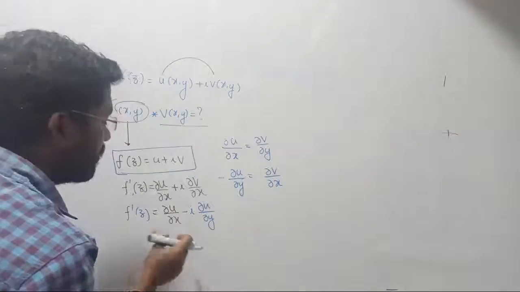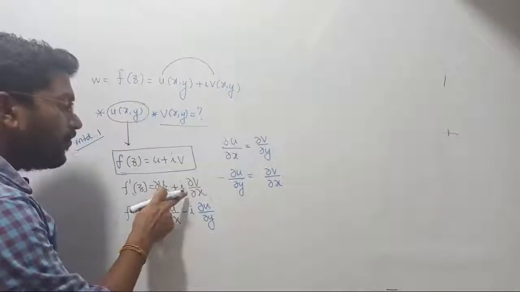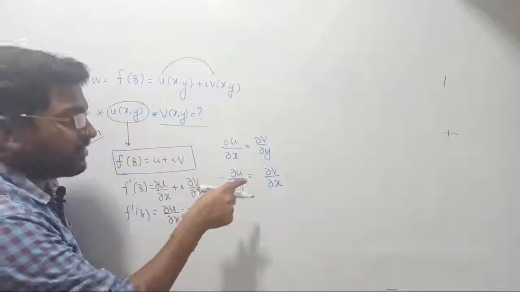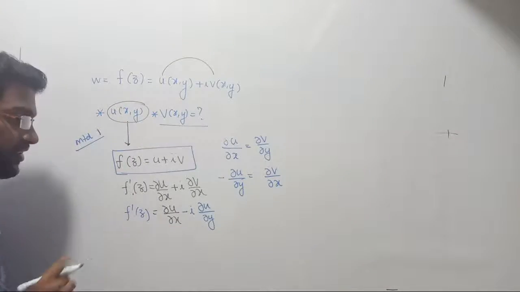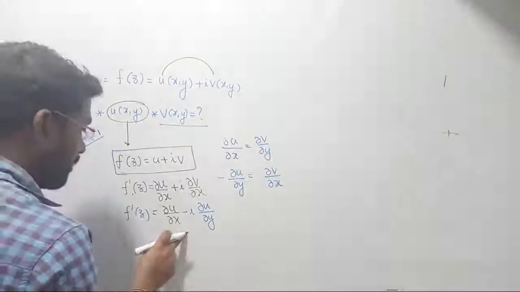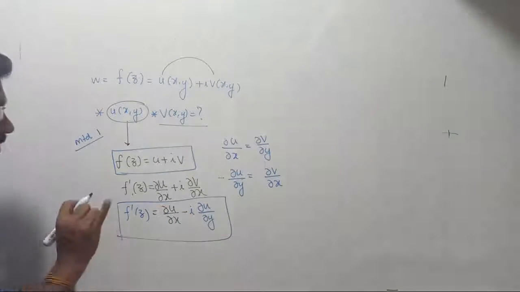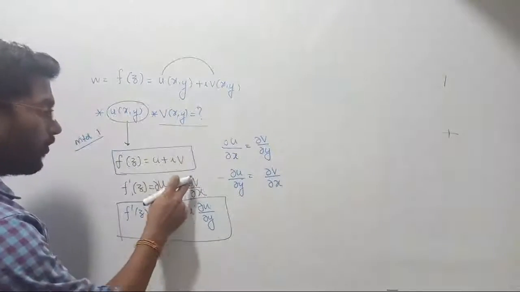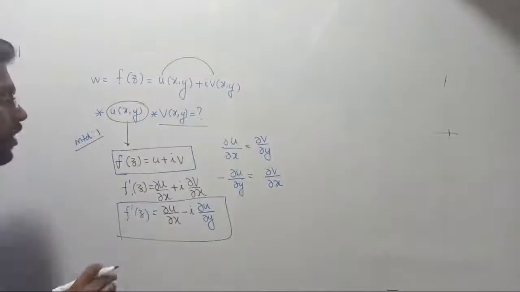When differentiating like that, I can write that function in terms of x, which I have written. Now, I do not know the variable of v, but I can write v in terms of u because the Cauchy-Riemann equation is there with me, right? So according to the definition I was just going like that. After you finish writing this, your next step, the second step, right? What do you do in the first step? Write the function in this format, we have written. Step number 2, replace dou v by dou x and substitute minus dou u by dou y.